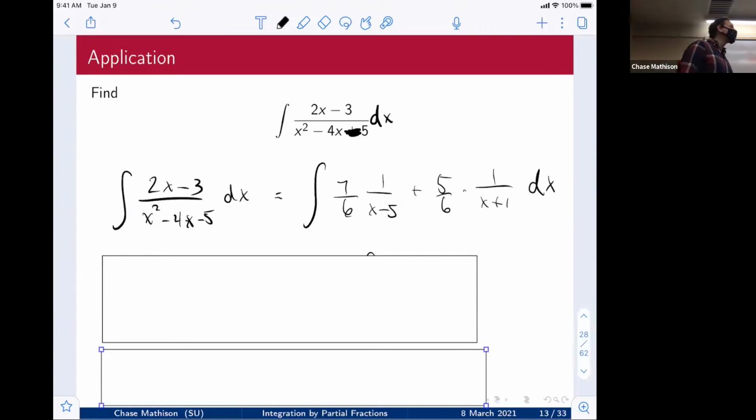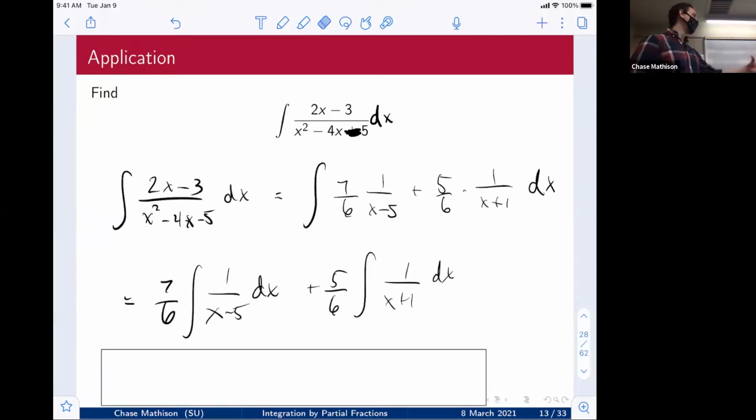All right, so the reason we find this partial fraction decomposition is so that we can break this up into a sum of integrals, right? So someone tell me what you got for the first integral.